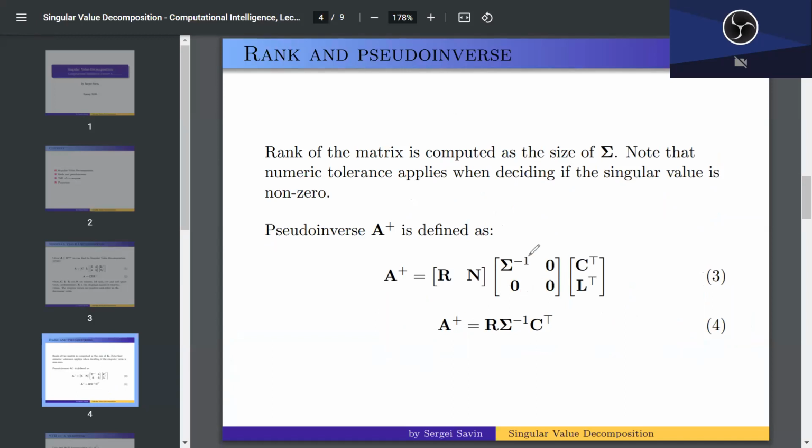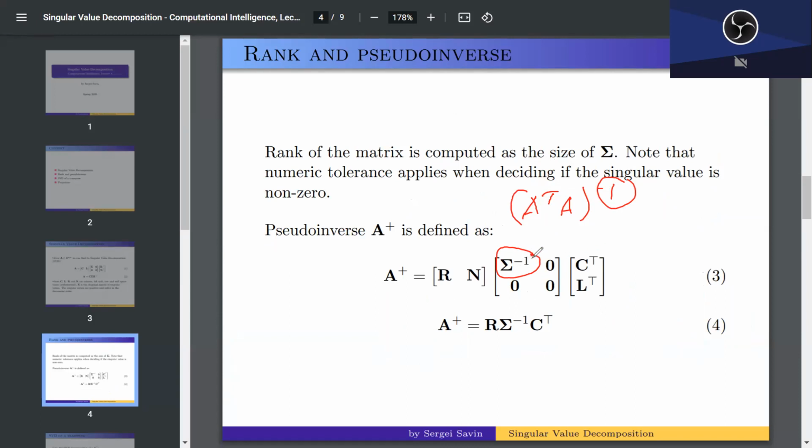So this is why this is okay, while doing something like this is not okay. Like this can be any matrix. And how do you find the inverse of any matrix is a good question. This is a diagonal matrix, you just divide.